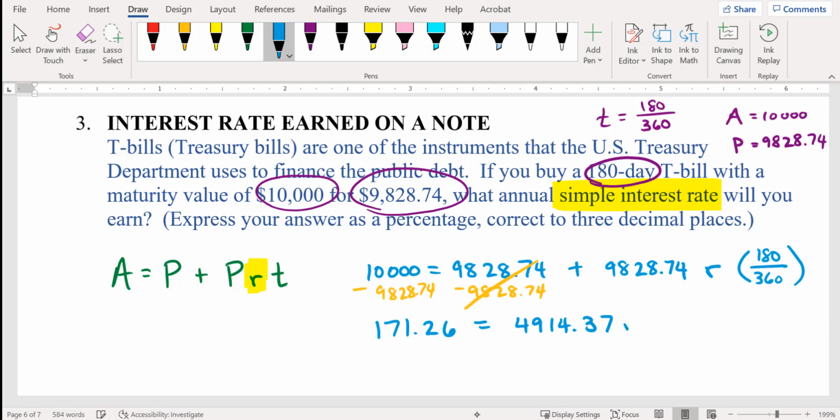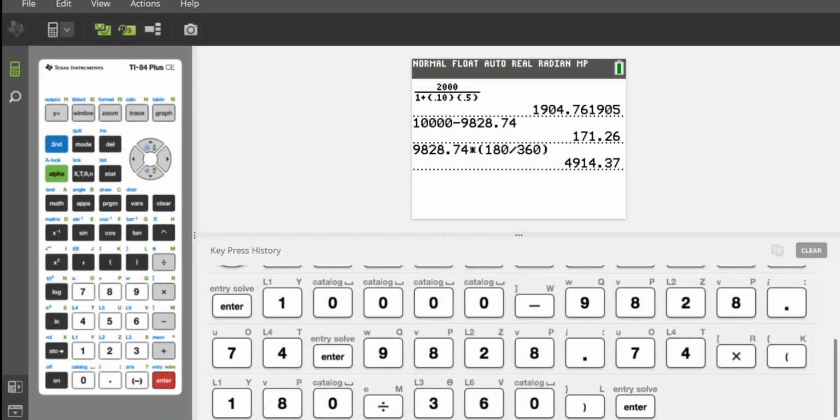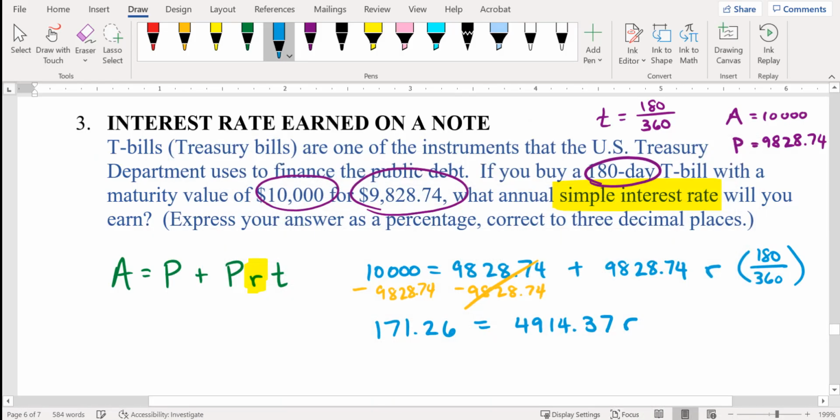So 4914.37 R. Is that right? Yeah. All I did was multiply this number times that number.